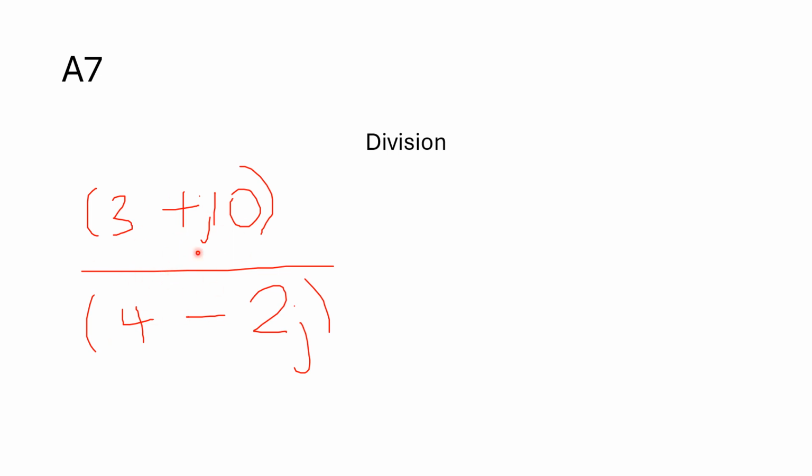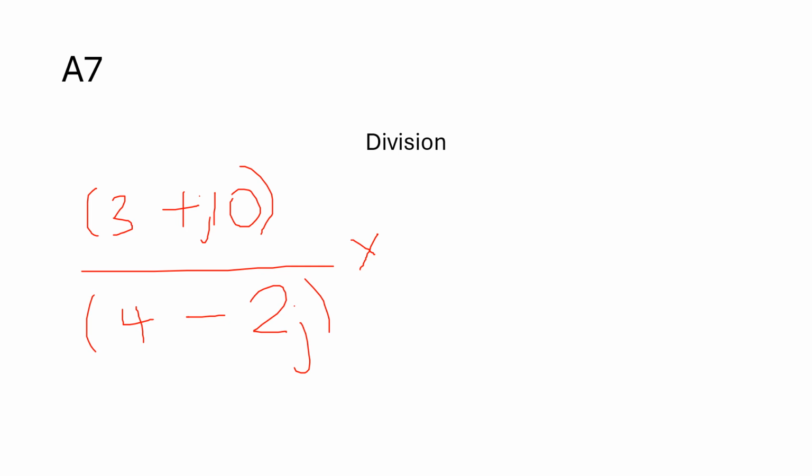So the first thing that you will do, you will have to multiply with what? With the conjugate of the denominator. So remember, the conjugate is the same thing as the denominator but with a different sign. But remember, the number that you multiply with must be equal to 1. So that means it's the conjugate of the denominator divided by the same conjugate of the denominator.